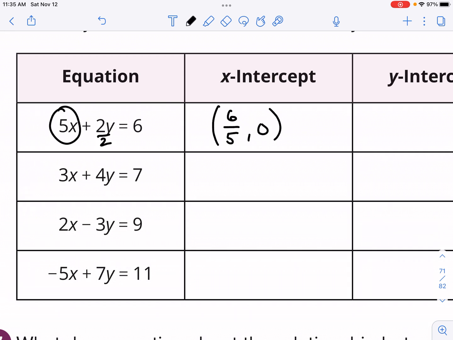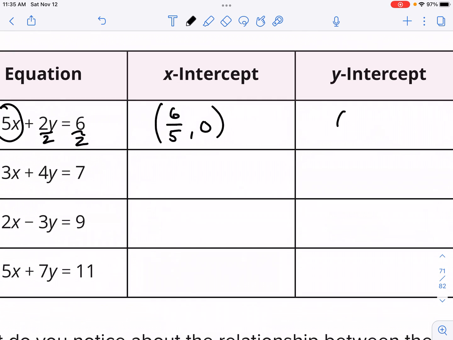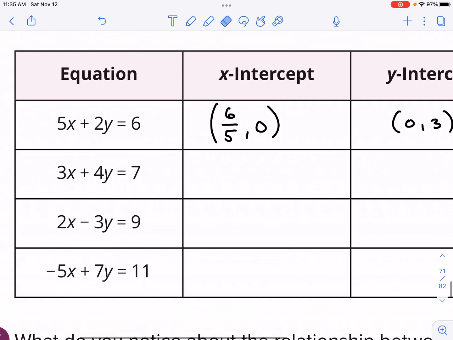For the y-intercept, that's where x is 0. If you divide both of these by 2, 6 divided by 2 is 3. So that would be 0, 3. And then in order to find the slope, to get this in slope-intercept form, you'd have to subtract 5x from both sides and then divide both sides by 2.